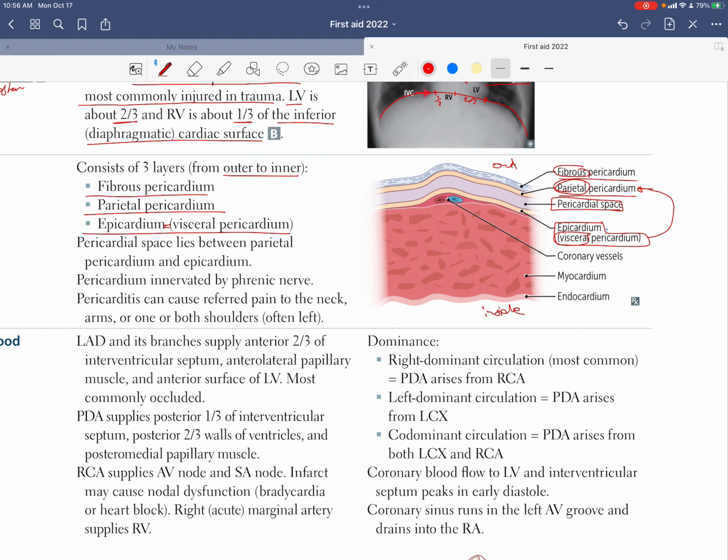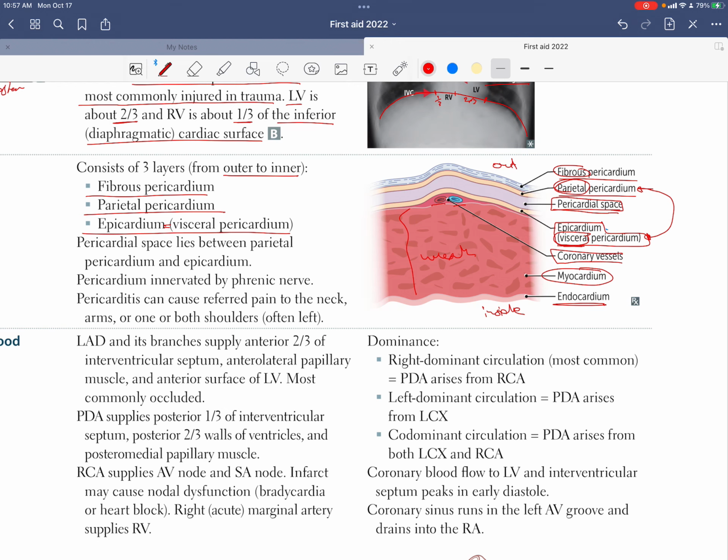The epicardium is basically just like the parietal pericardium, but one is called parietal, meaning to the outside, and visceral is close to the viscera. So it feels like this is only one layer that is separated into 2 by the pericardial space. And then below it we get the coronary vessels, artery and vein, then the myocardium over here.